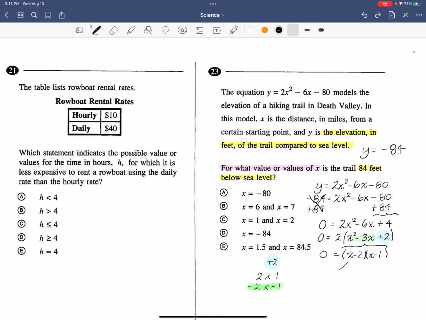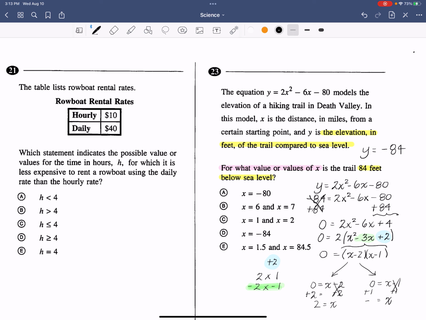So what you end up with will be 2 solutions where you have 0 equals x minus 2, but the 0 also applies to the x minus 1. And if you solve these equations, you end up with x as positive 2 and x as positive 1.